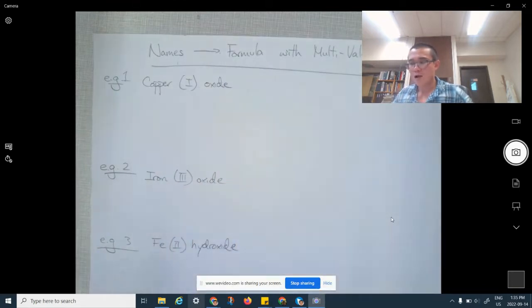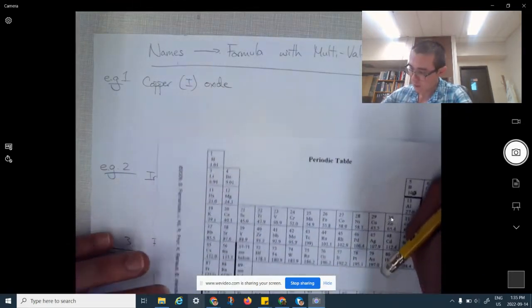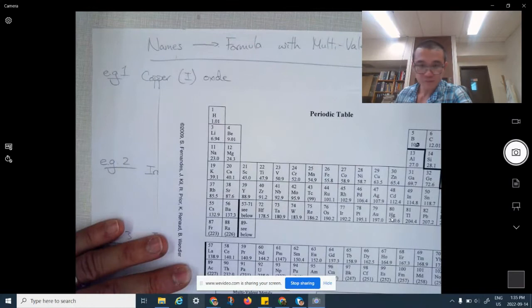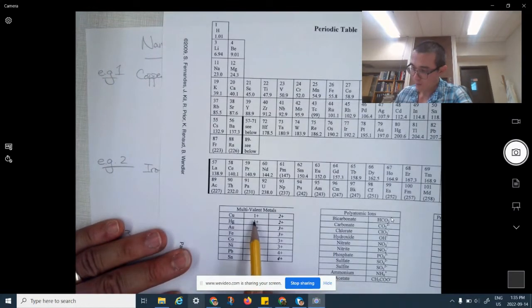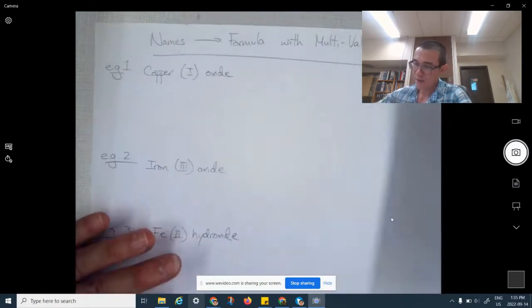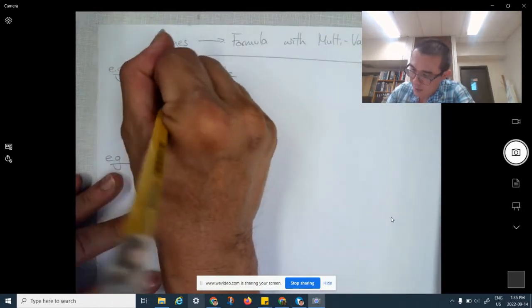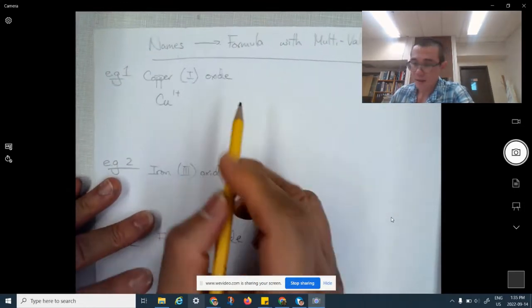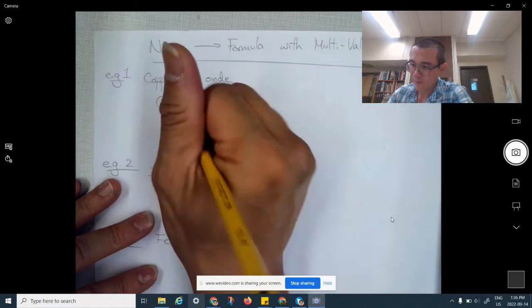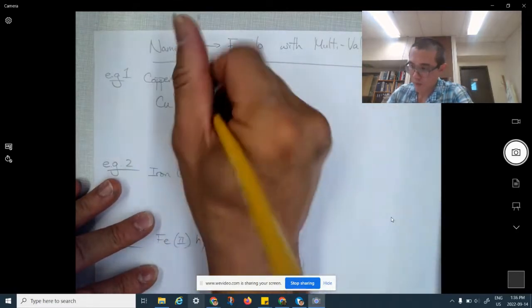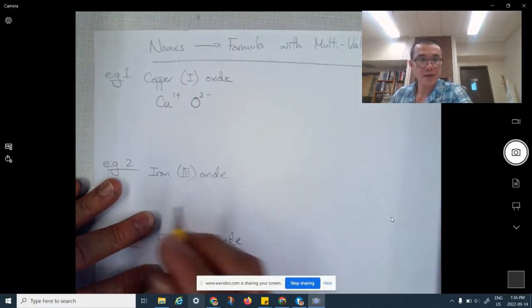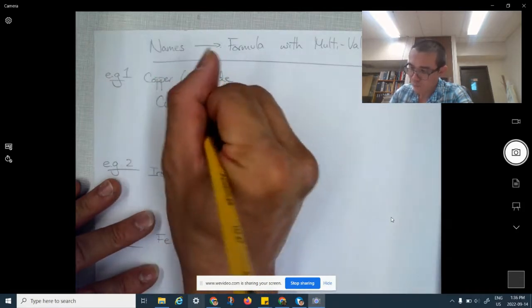So, for example, copper 1 oxide. What that means is this copper will be a 1 plus ion. Oxide, hopefully you remember, is oxygen, which will be 2 minus. So again, you have to do the crossover rule.